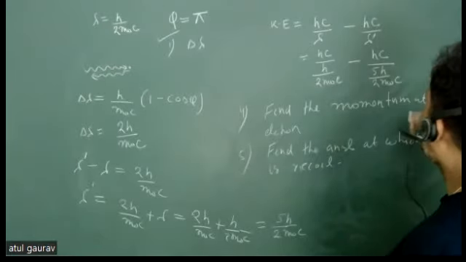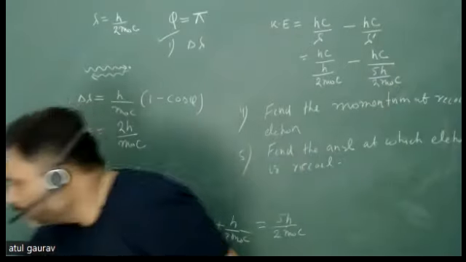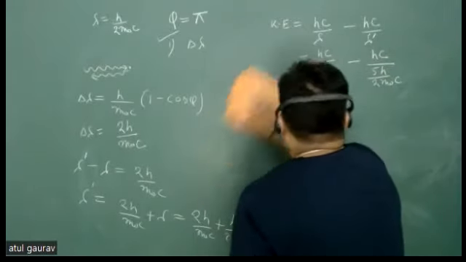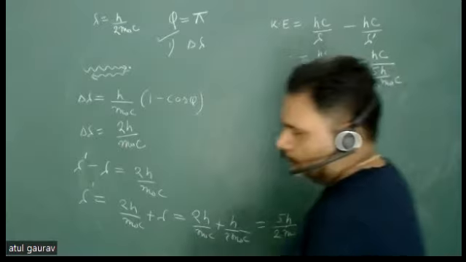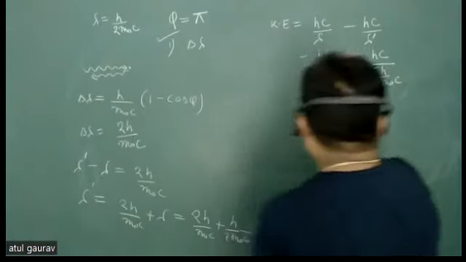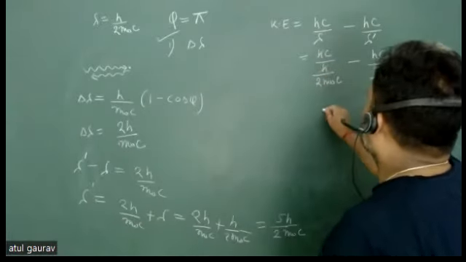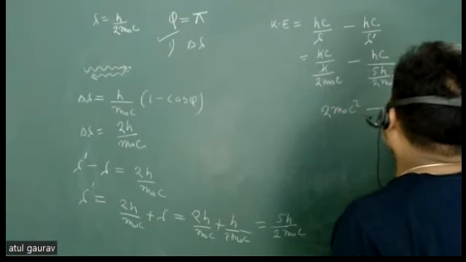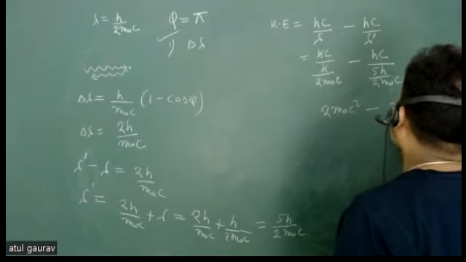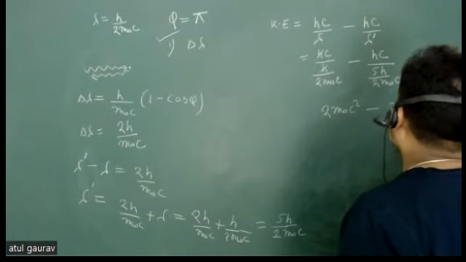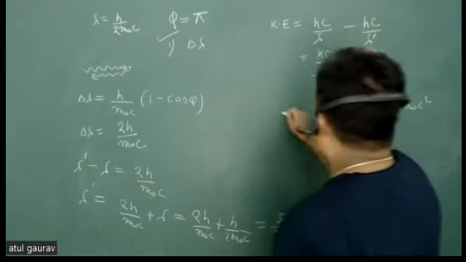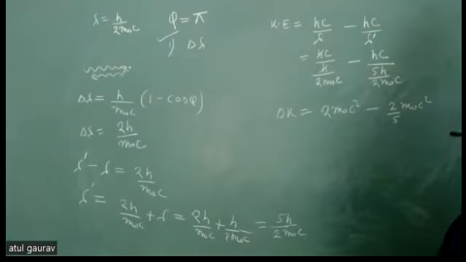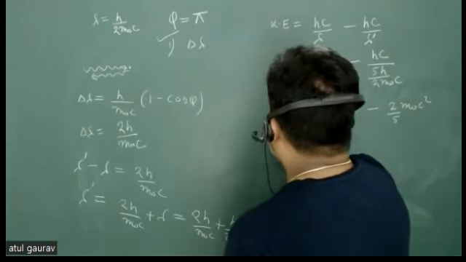So this can be written as, h and h will cancel. You have 2 m naught c square minus 2 by 5 m naught c square. This is your kinetic energy of electron.